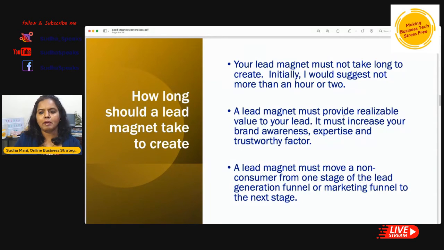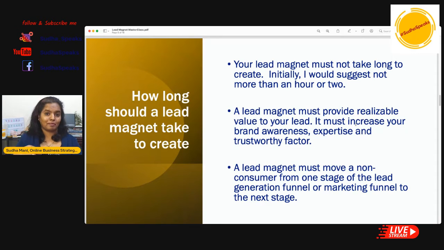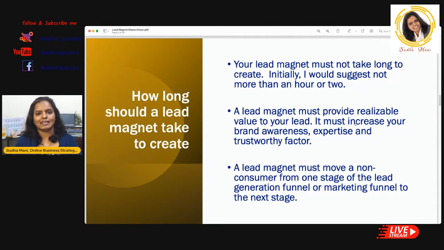A lead magnet must provide a realizable value to your lead, and it must increase your brand awareness and expertise, and create the trustworthy factor. I told you in the last slide, this is how it should do. If you start, don't spend more than an hour or so creating a lead magnet.